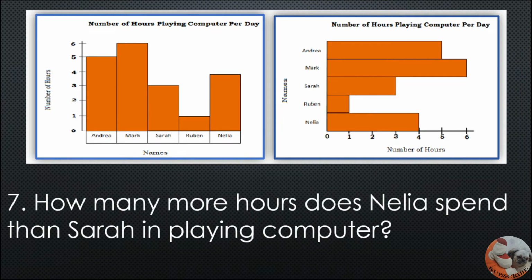How many more hours does Nelia spend than Sarah in playing computer? Again, by looking at the bar graph, look at the data of Nelia. Here is Nelia. And Sarah. Here is Sarah. Nelia spent 4 hours playing computer per day, while Sarah spent 3 hours playing computer.